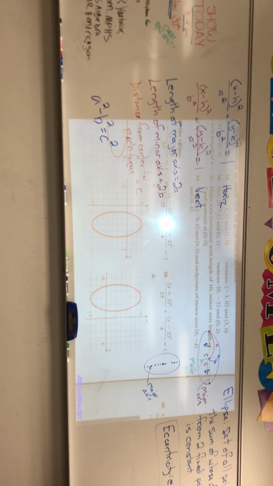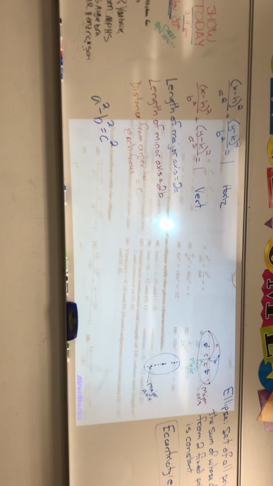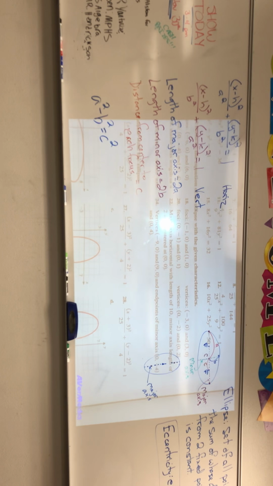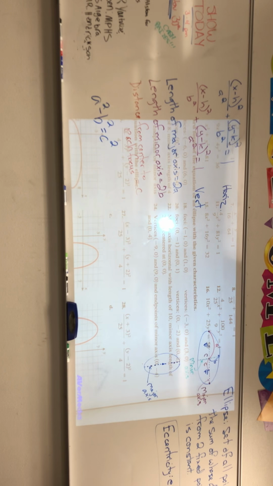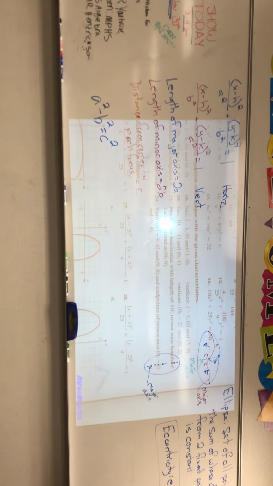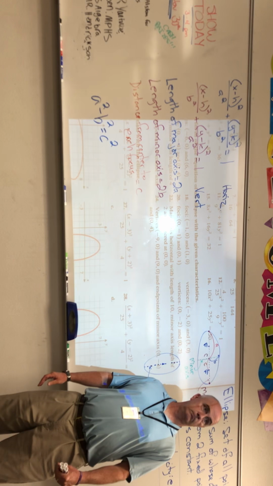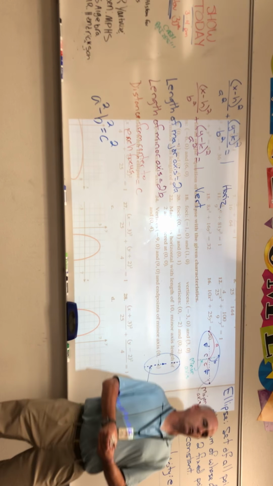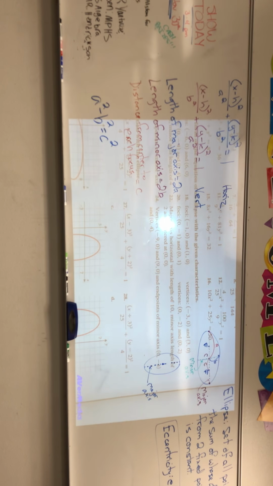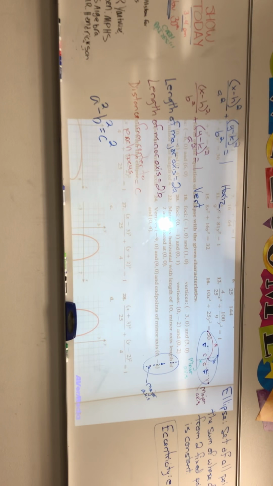Cool. So then all we have left to talk about are ones like question number 18. That's not going to be that bad. We have to find the equation. So in order to find the equation of an ellipse, what do we need? We need the center.